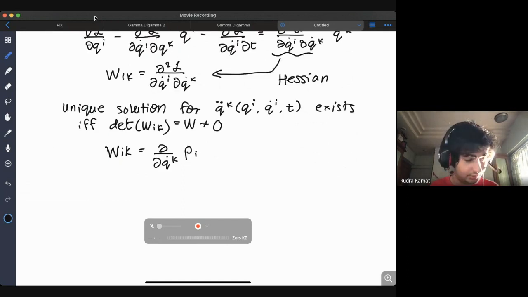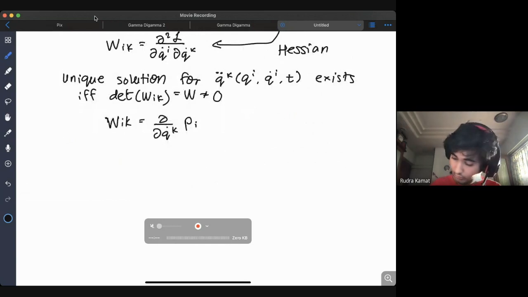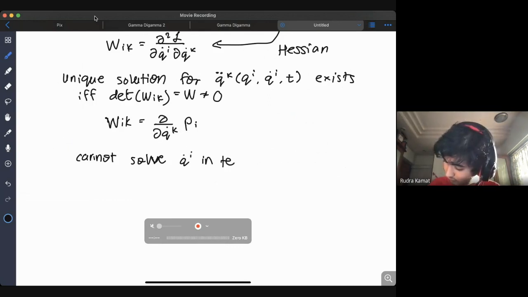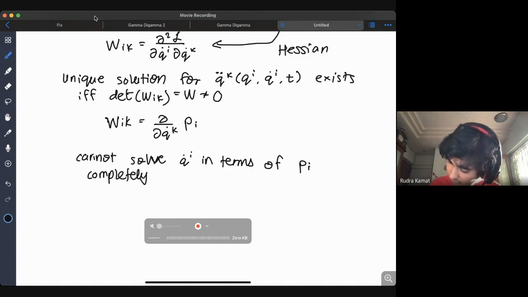So in other terms, we cannot solve Qi dot in terms of Pi if W is not invertible.